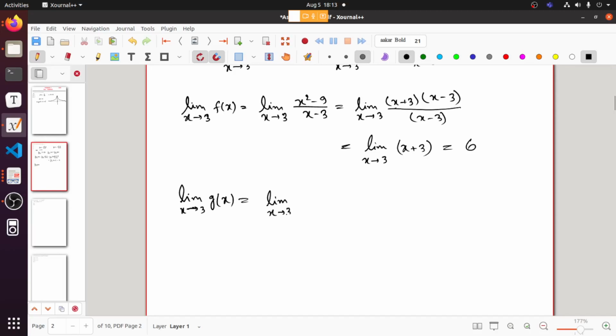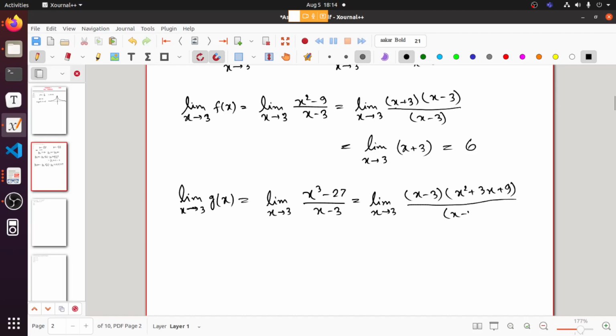Limit x tends to 3. What is g? x cube minus 27 by x minus 3, right? So as earlier, factor the numerator. What is the factor of a cube minus b cube? I write it down as (a minus b) into (a square plus ab plus b square), right?